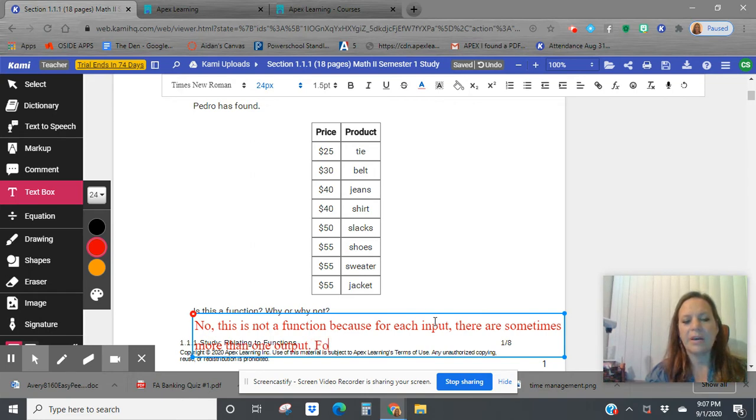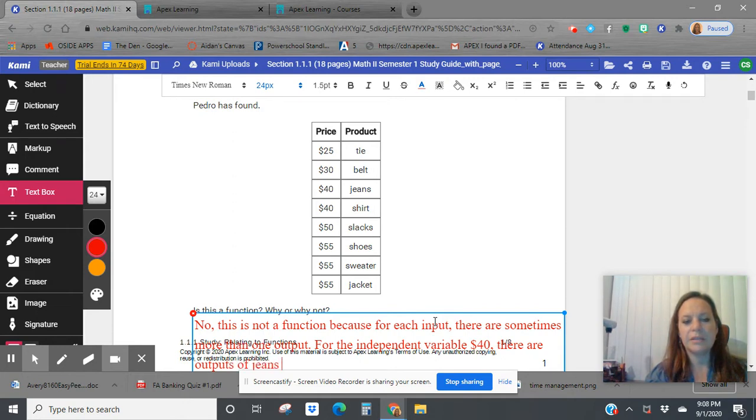Or you could say for the independent variable $40, there are outputs of jeans and shirt.